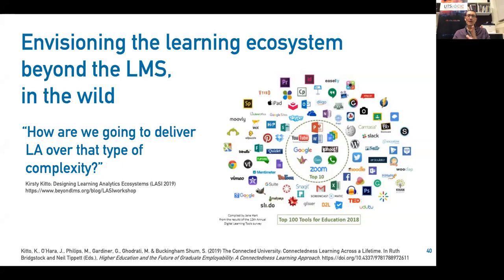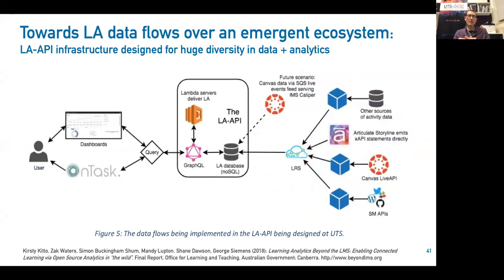At some point, students will move in and out of the university system much more, in a much more porous kind of way. And one of the things we're thinking about is how data will flow around an ecosystem that's quite emergent, with a huge diversity of data and analytics services appearing and disappearing.